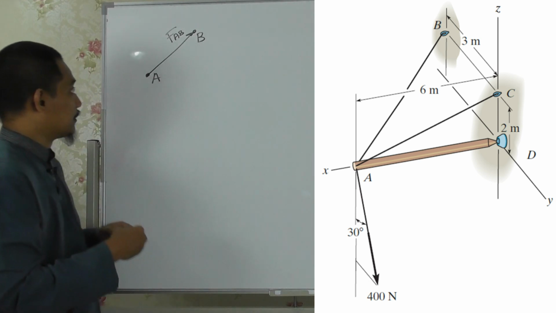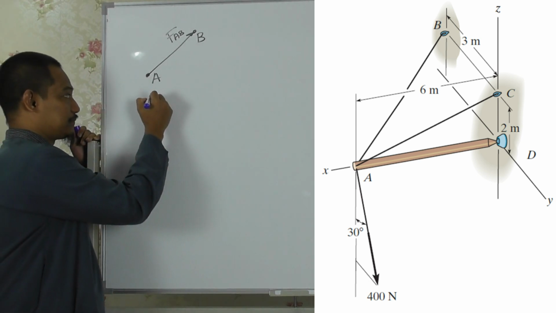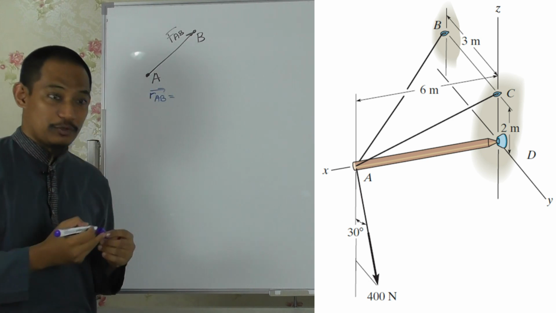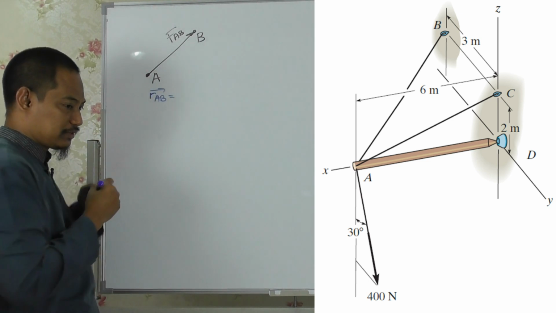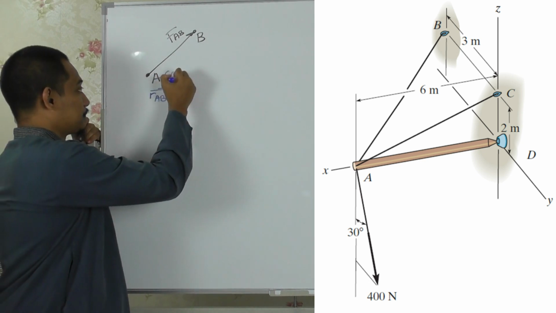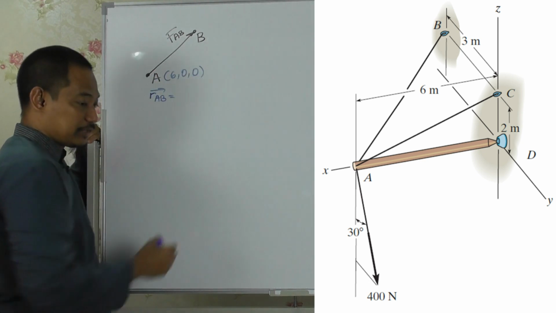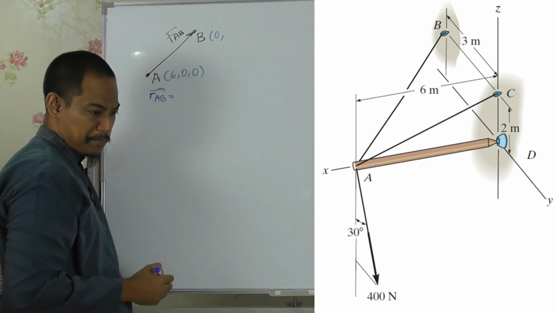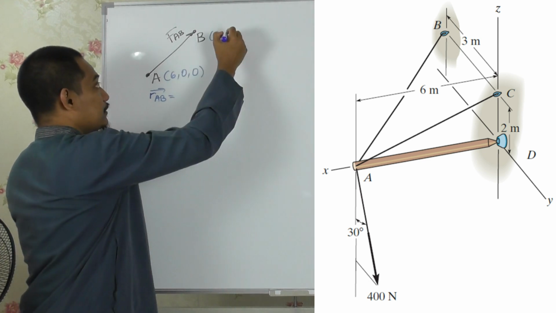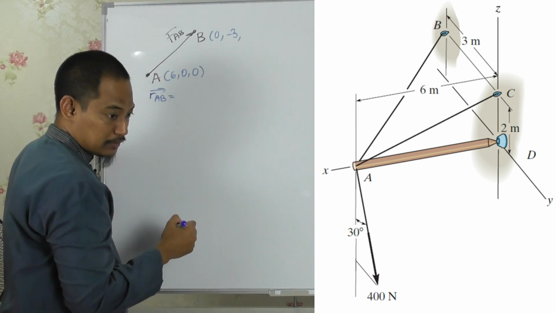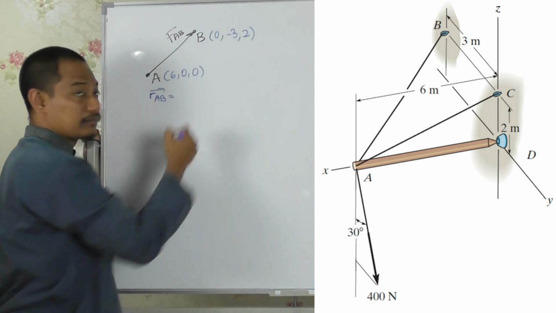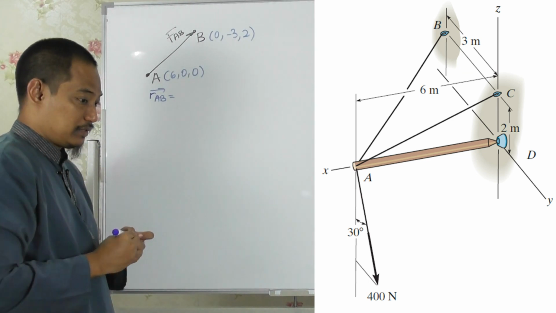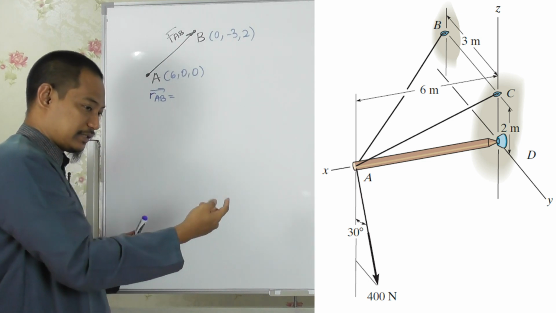So as usual, what is the position vector RAB? Okay, before that we need the coordinates, right? The coordinate of A is (0, 0, 6) and the coordinate of B is (0, -3, 2), right? Hopefully you can determine this from the diagram there: 0, -3 on the other side, and 2 upwards.